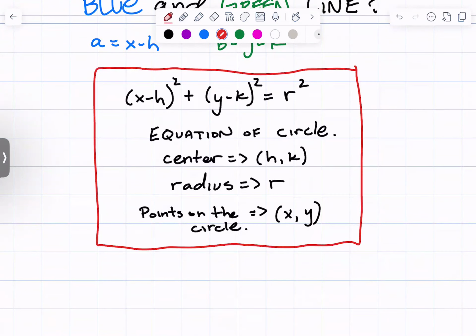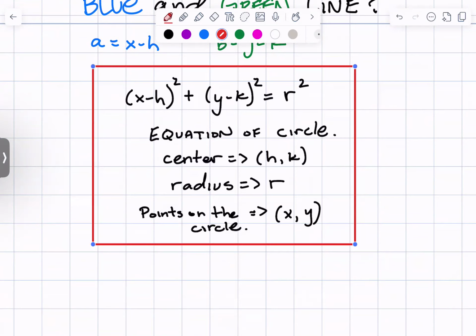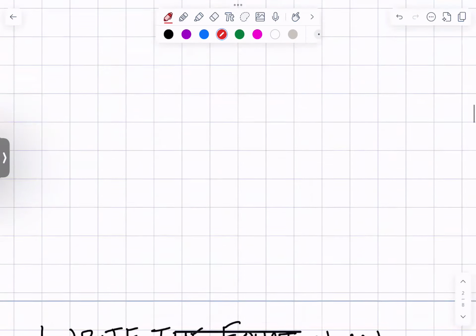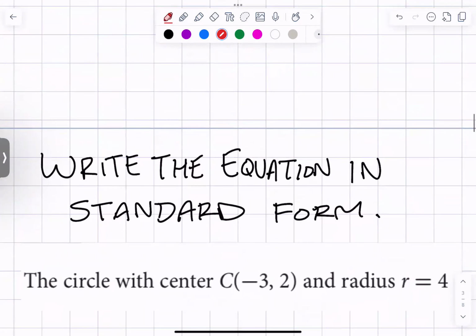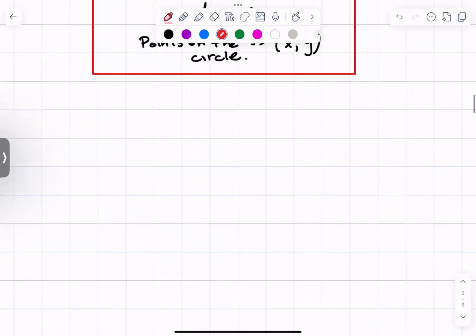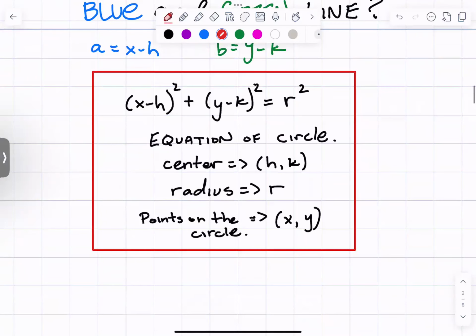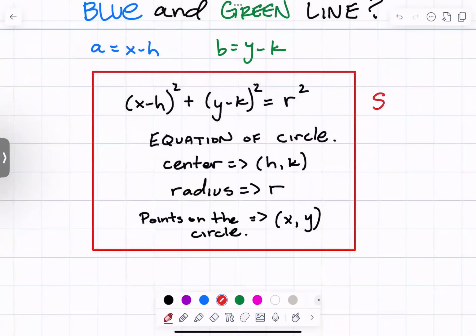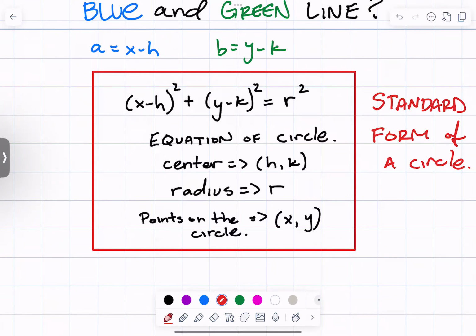Okay? So now, equipped with this, we're going to do some sample problems. The first sample problem is write the equation in standard form. Standard form is this. Okay, what we just did. This is the standard form of a circle.